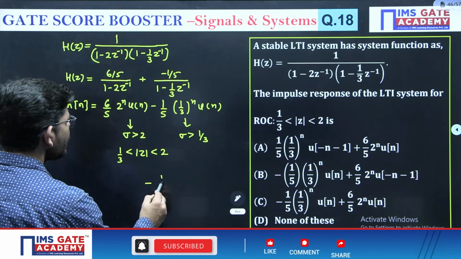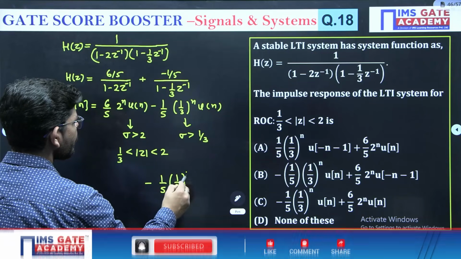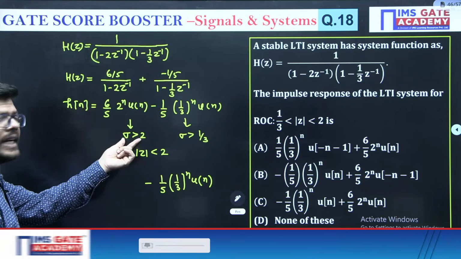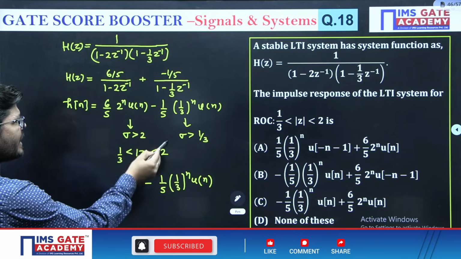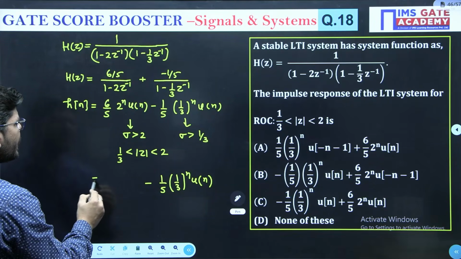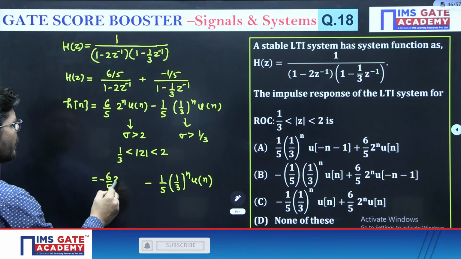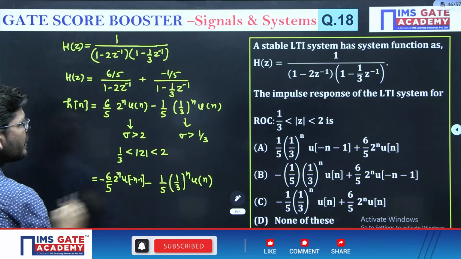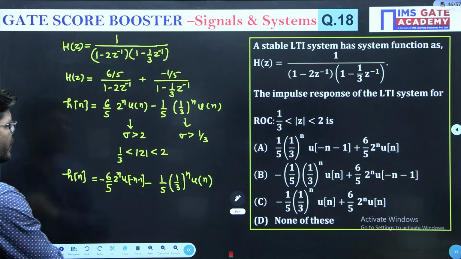So we will not change this result; you just write it as it is. But here it is greater than 2, and we have to write for less than 2. So if a right-sided system we have to make left-sided, we will put a minus before, and u of n will be written u of minus n minus 1. So this is going to be h of n.